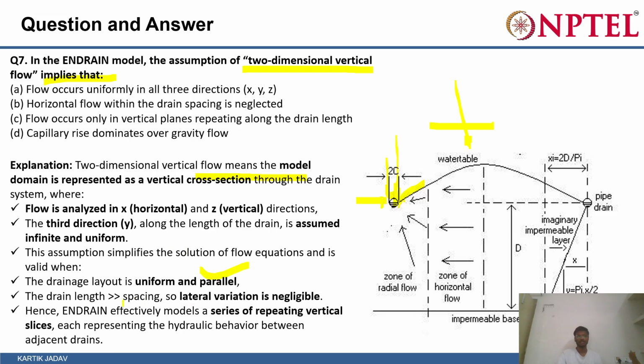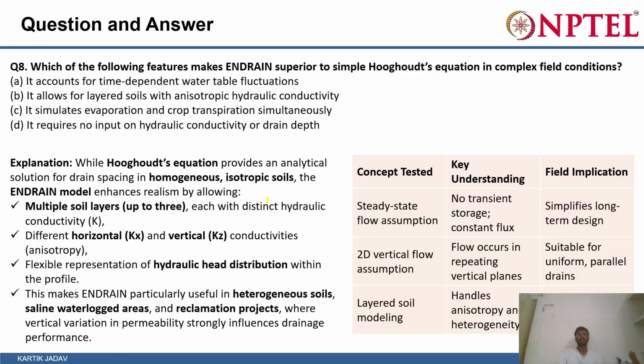Drain length is much greater than spacing, so lateral variation is negligible. Hence, the drain effectively models a series of repeating vertical slices, each representing the hydraulic behavior between adjacent drains. Correct answer is option C. Flow occurs only in vertical planes, repeating along the drain length.